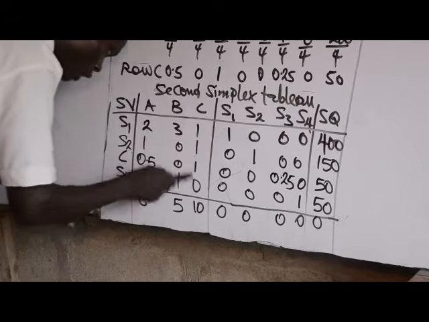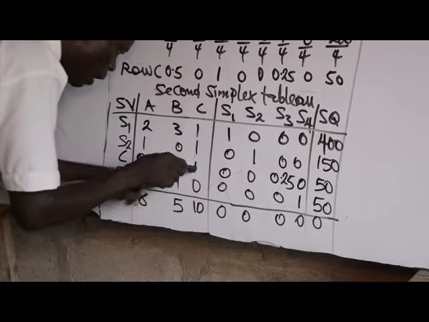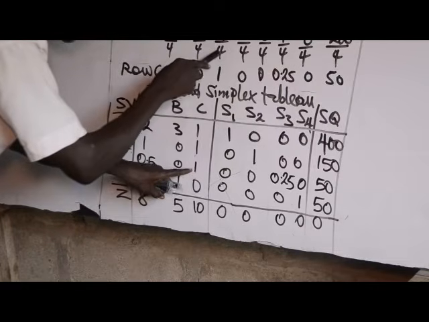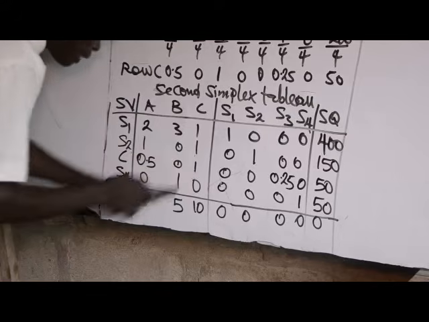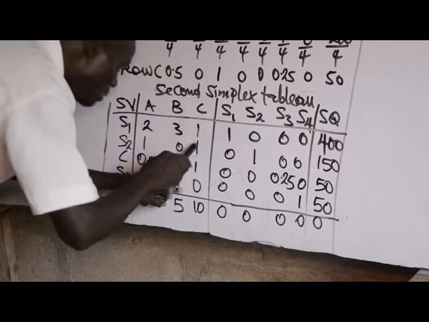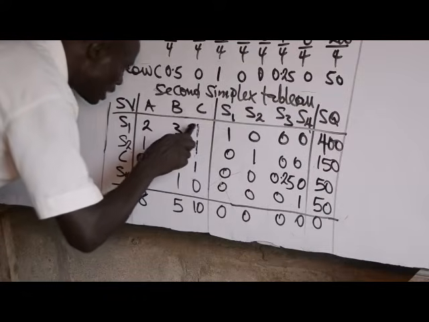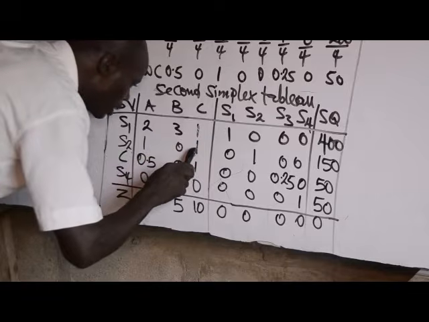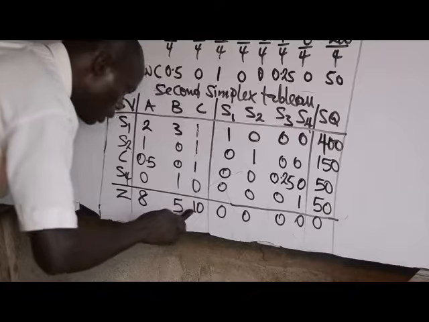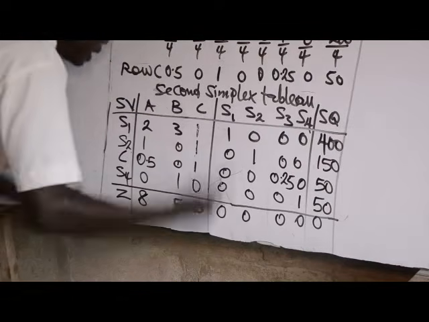This one was obtained by dividing the 4, which is the value of the pivot, by 4. So that means our pivot is 1. So your target now is to turn each element in that pivot column to be 0. You want this to be 0, this one to be 0, pivot will be 1. This is already 0, this will also be 0. That is your next target, to form a new table.